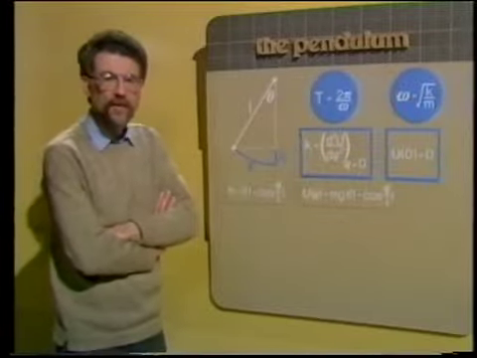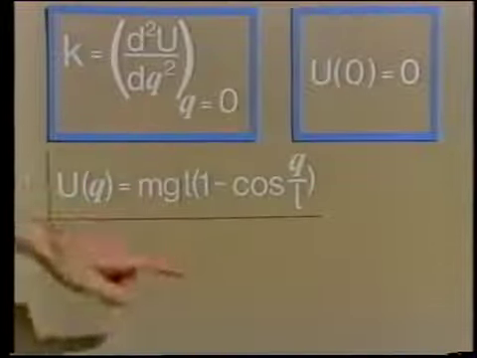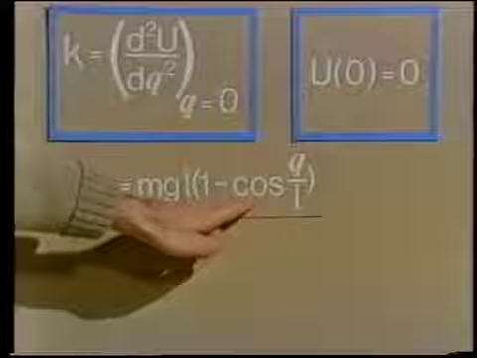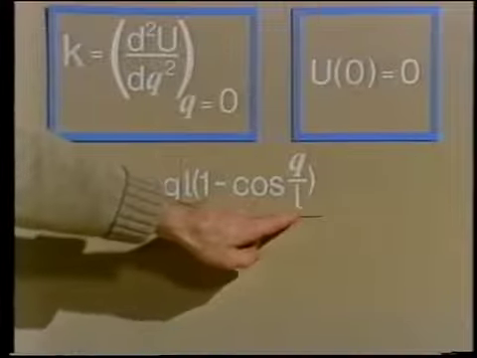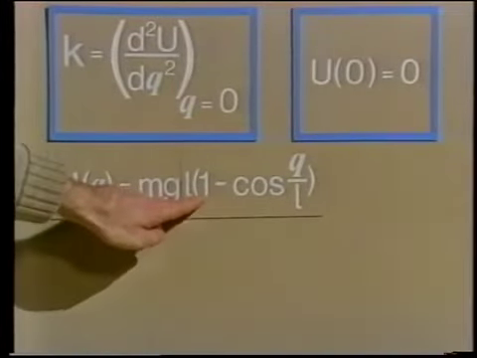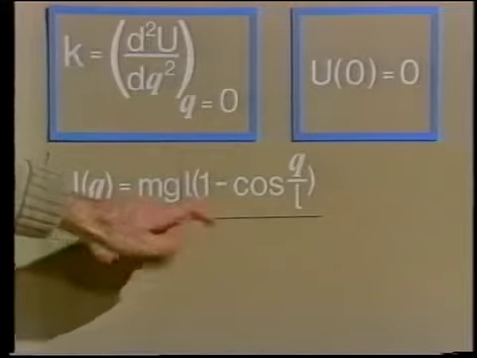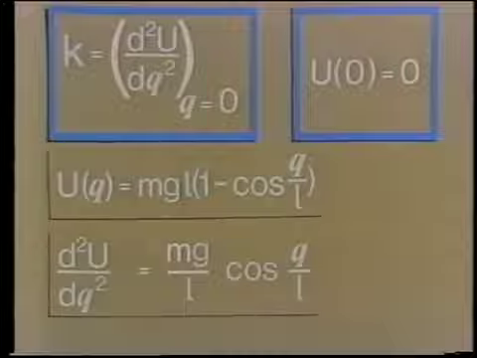Now to find k, I have to find the second derivative of U. If you differentiate cos twice, you get minus cos. But you also have to take into account this L here. Each differentiation introduces an overall factor of 1 over L, so that's 1 over L squared altogether. The constant term goes away, so finally I get this for the second derivative.